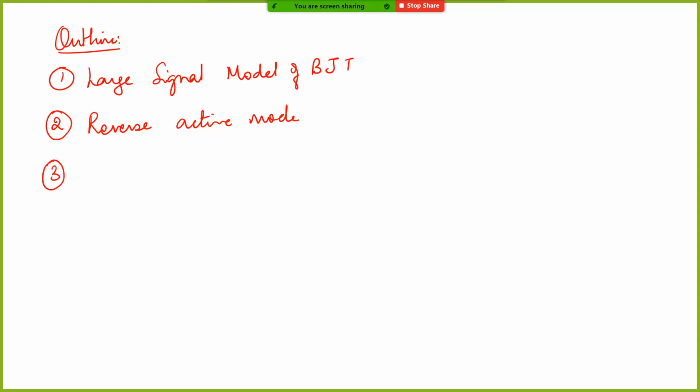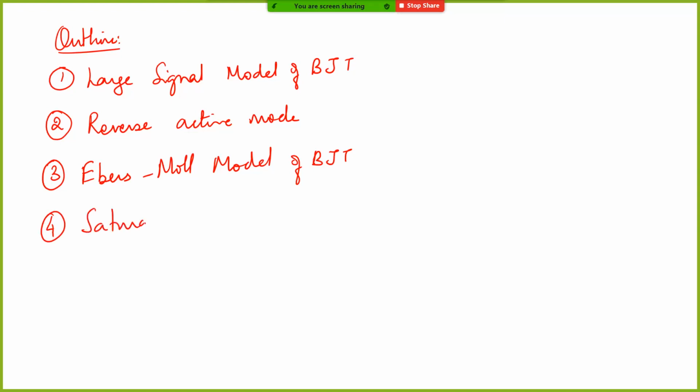And thirdly, we will combine these two together to look at what is called the Ebers-Moll model of BJT. These are the three things that we will look at. If possible, we will touch upon the saturation region of BJT. We might try to do that, but I'm not sure we'll have time, so this might get pushed out to the next class.